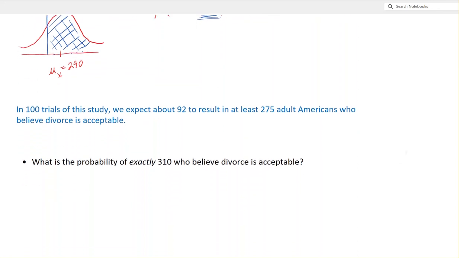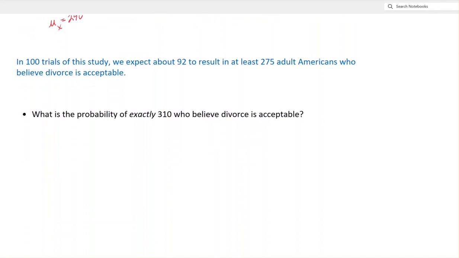So the next question that I want to ask in this particular example: what's the probability of exactly 310 who believe divorce is acceptable? So what's the probability that my variable x, those are the people that believe divorce is acceptable, is exactly 310? That means x equals 310.